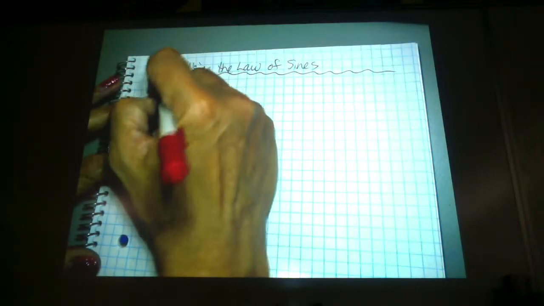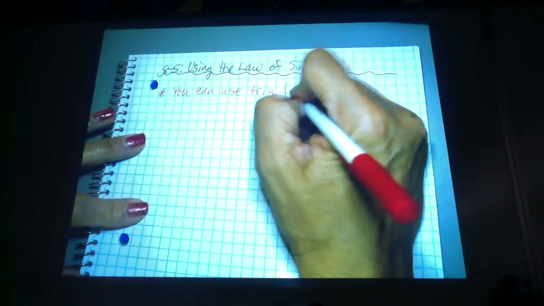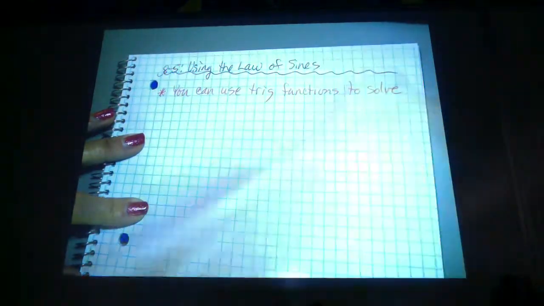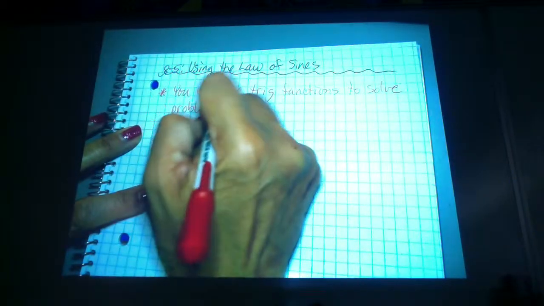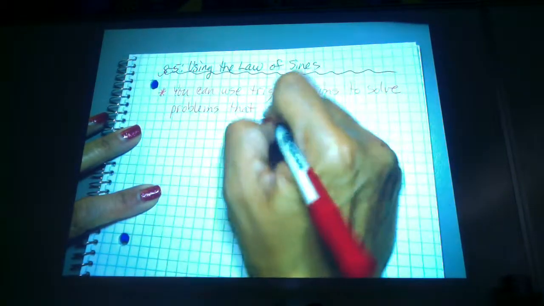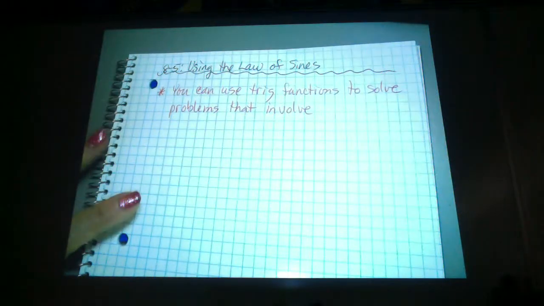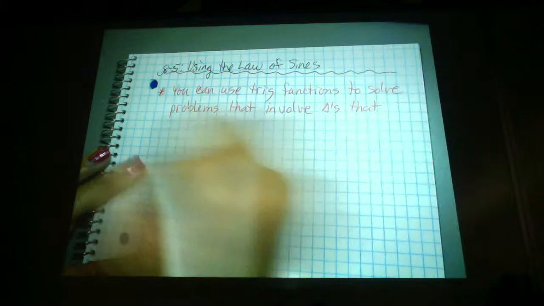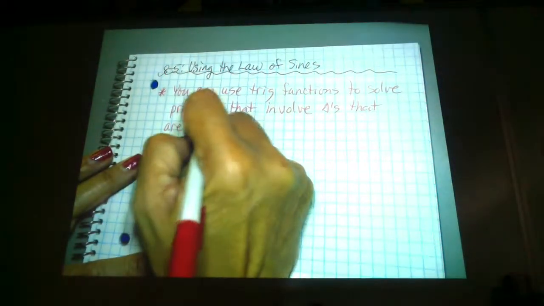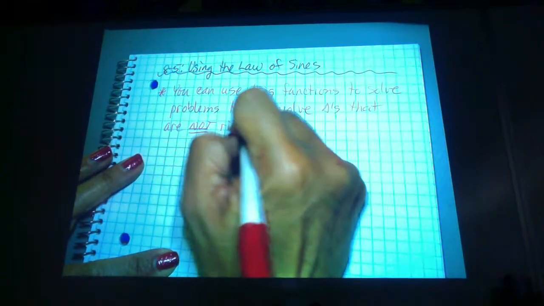So you can use trig functions to solve problems that involve triangles that are not right triangles.